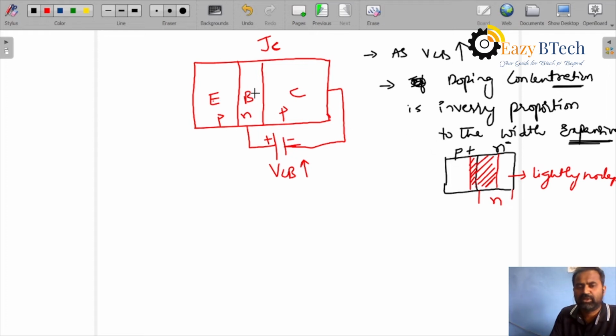And compared to this case, the base is lightly doped and the collector is heavily doped. The collector is moderately doped as compared to the emitter, but it is heavily doped compared to the base. Now the width expansion is in this manner, up to here.